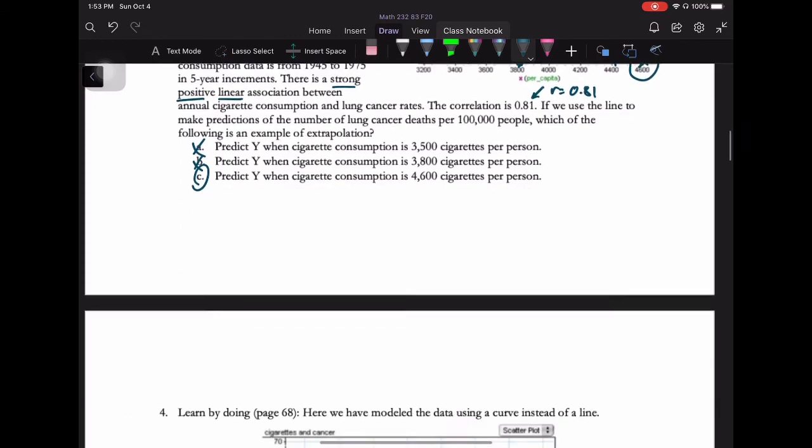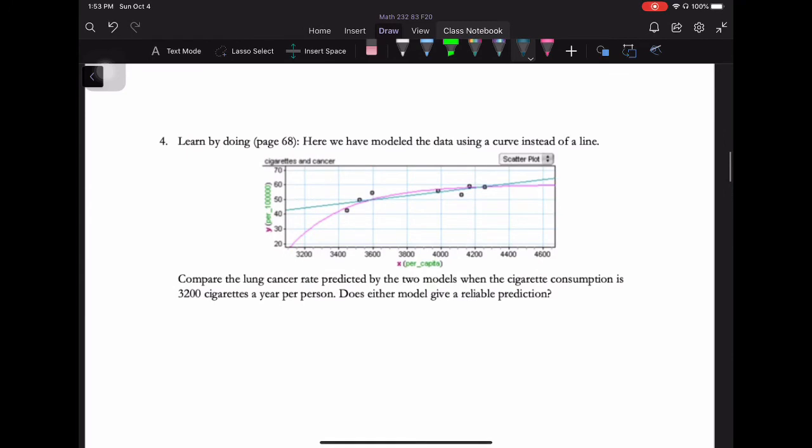Continuing on, the Learn by Doing from page 68, we've modeled the data using a curve instead of a line. So instead of using linear correlation, we're talking about curves. Compare the lung cancer rate predicted by the two models when the cigarette consumption is 3,200 cigarettes per person. Which one gives a reliable prediction? The 3,200 is right here on the graph.